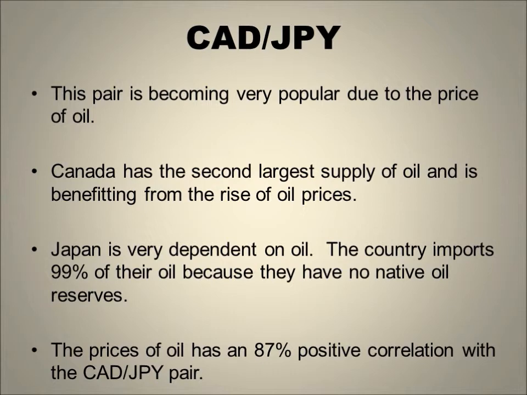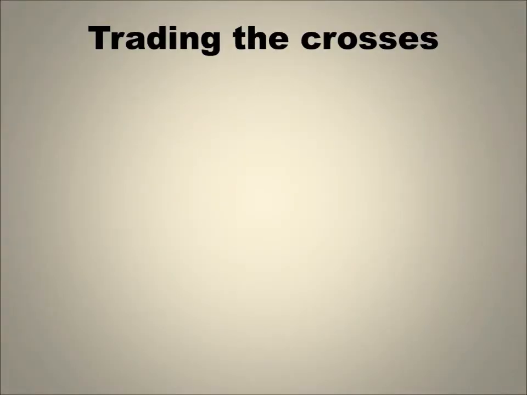And the price of oil has an 80% positive correlation with the Canadian dollar Japanese yen pair. Meaning, what happens to the price of oil greatly affects the Canadian dollar Japanese yen pair. So, pay attention to what happens to the price of oil. That has a profound impact in the Forex market.